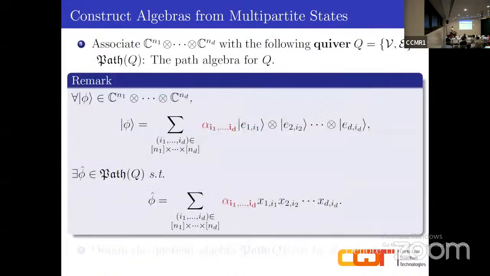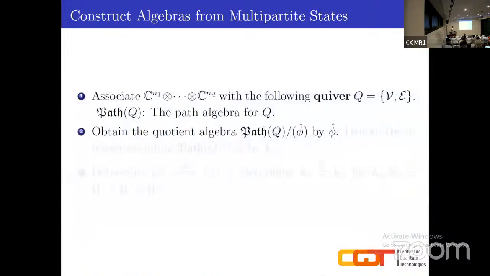And now we can have an observation that for all the quantum states in this vector space, we can always map it to a length D path in this quiver by applying the same probability amplitude. And so after we have our path phi hat, we can use it to obtain the quotient path Q by phi hat, and we denote the tensor that encodes this quotient algebra as A sub phi.